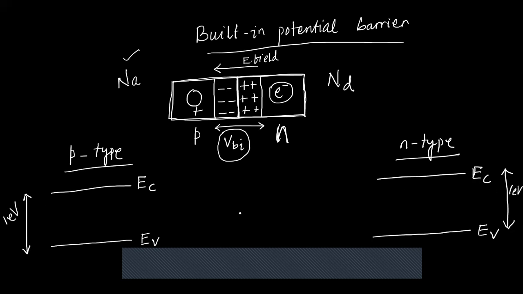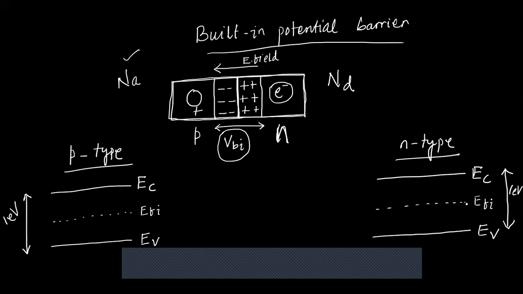But here one thing you need to keep in mind: when we said intrinsic Fermi energy level, we said it is somewhere in the mid gap of EC and EV, approximately in the middle of EC and EV. So I'm just naming that. If I show this dotted line over here representing the intrinsic Fermi energy level, that means when there was no doping, no impurity added to the intrinsic material, then its Fermi energy level will be here.